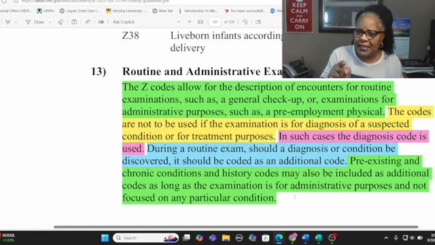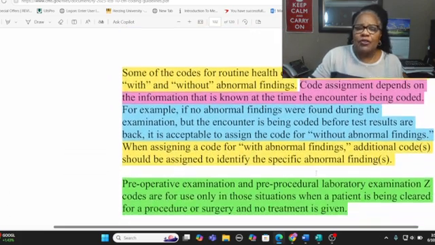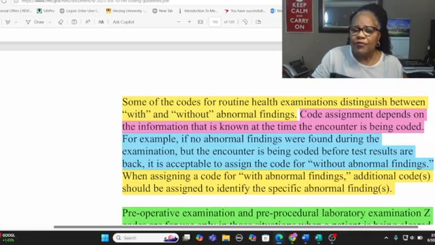Because if that care is primarily for a particular condition, it comes out of an examination and the diagnosis code is used instead. This guideline goes on to say that some of the codes for routine health examinations distinguish between with and without abnormal findings. Code assignment depends on the information that is known at the time of the encounter.